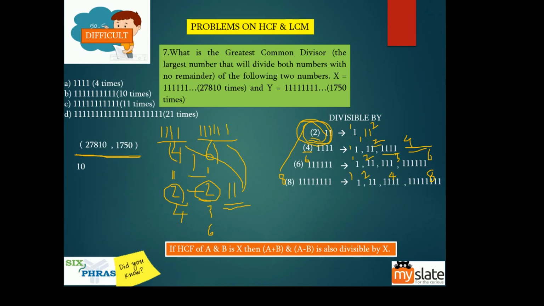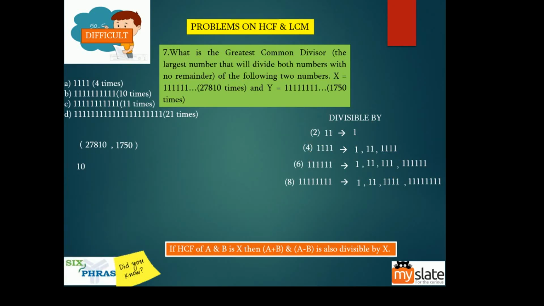Yes. So I take 10 outside. This is one way of finding the HCF. You will get 2781 and 175, and you can write 2781 and take down its factors. Take factors of 175. So you can see the common factor.